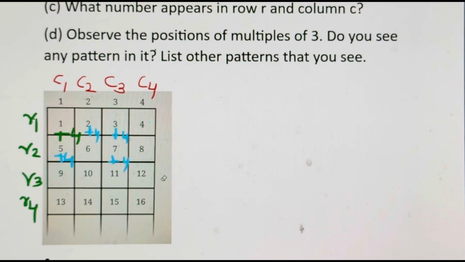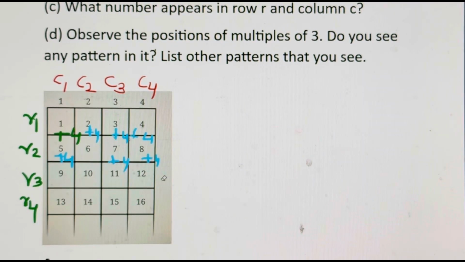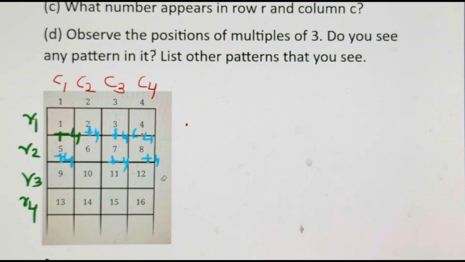And the last column, column number 4, starts with 4 itself, but still 4 is added, because after 4 the pattern is repeated. So it will be plus 4. Now in the last column, all are multiples of 4: 4 ones are 4, 4 twos are 8, 4 threes are 12, 4 fours are 16.